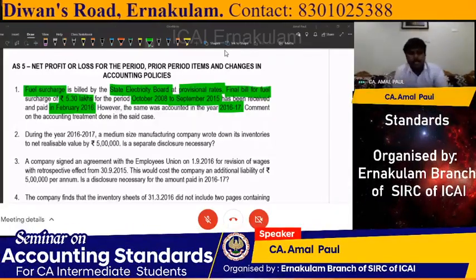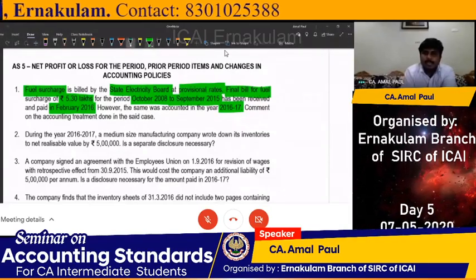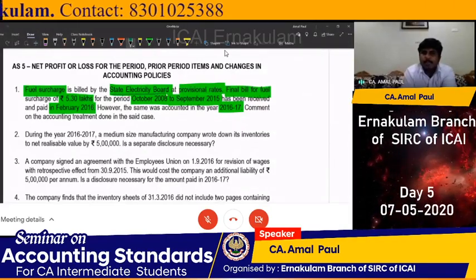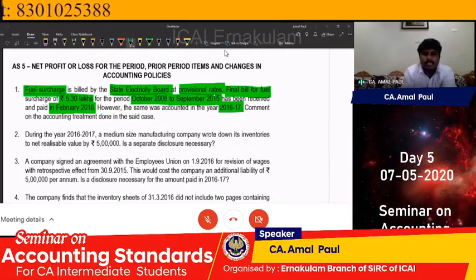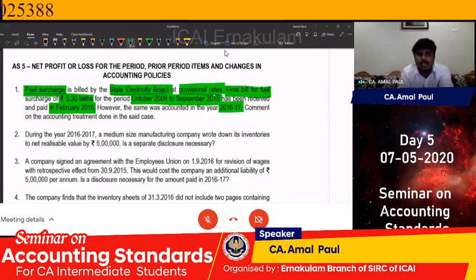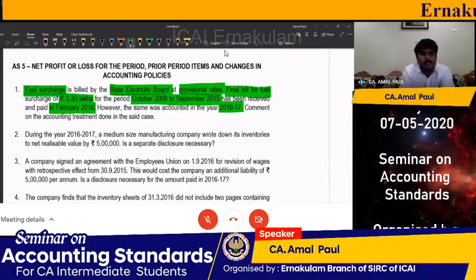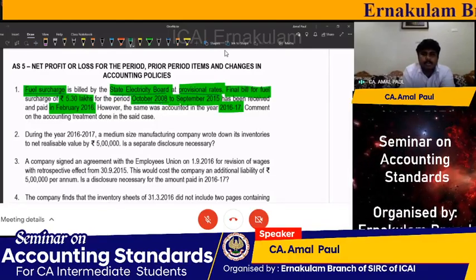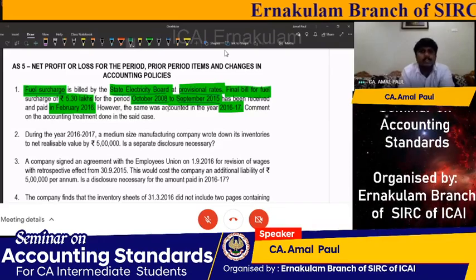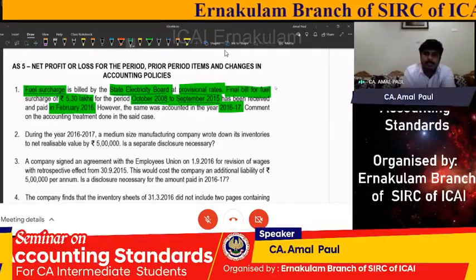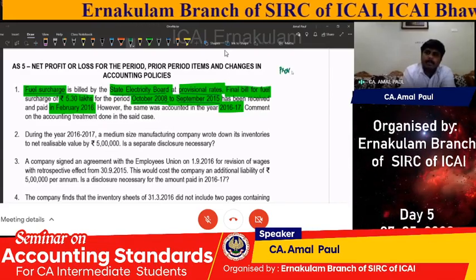Here, the State Electricity Board was charging fuel surcharge, the additional charge on fuel, at provisional rates. From October 2008 to September 2015, they were providing provisional bills.